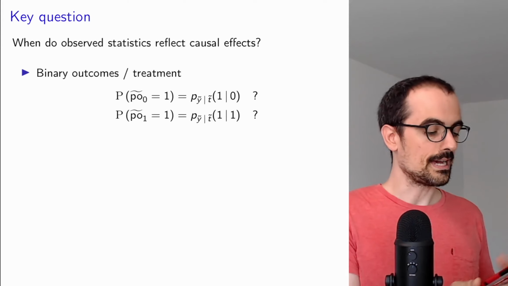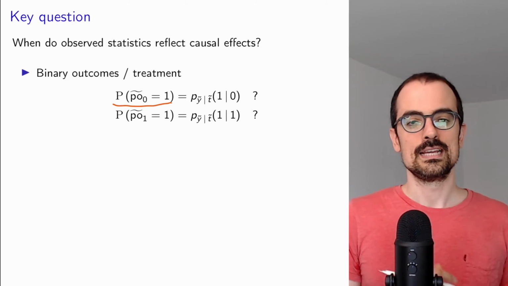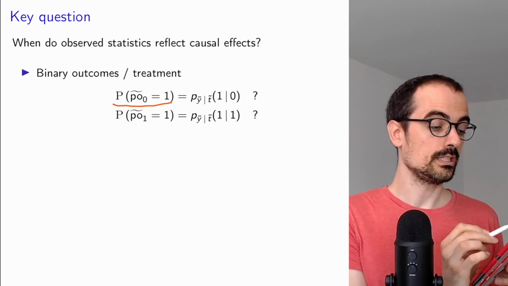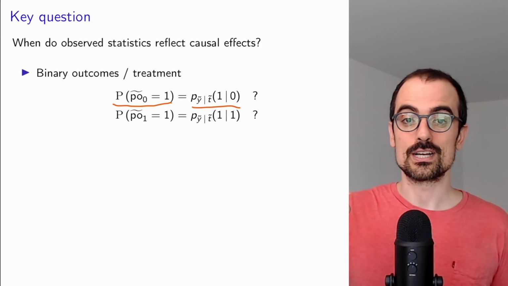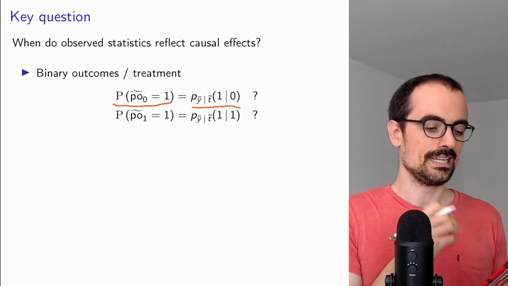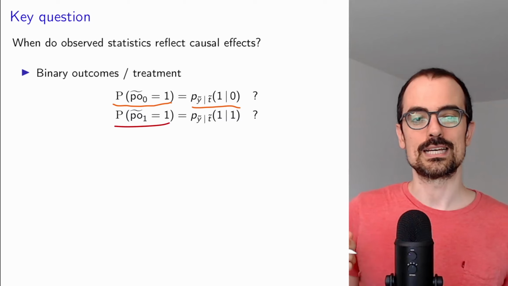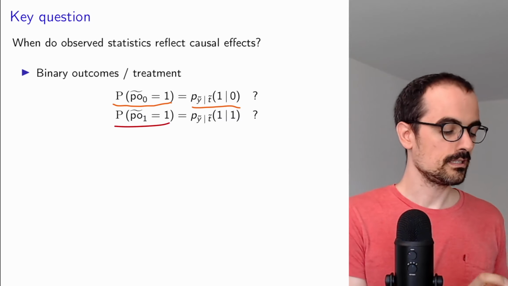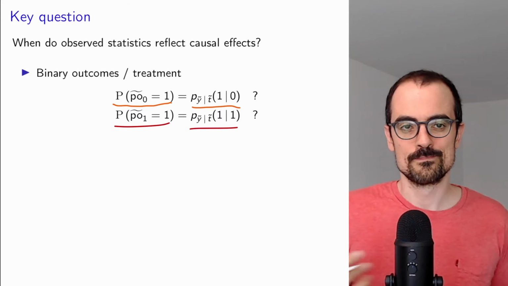When can we say that the fraction of people that didn't recover in this alternative reality where nobody received treatment is equal to the actual fraction of people that recover in the control group in our data? When can we say that the fraction of people that recover in the alternative reality where everyone receives the medicine is the same as the fraction of patients that recover in the treatment group?